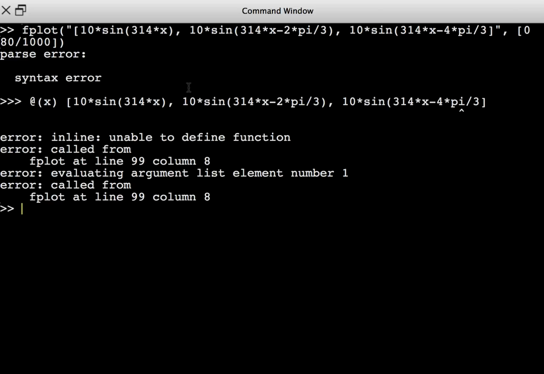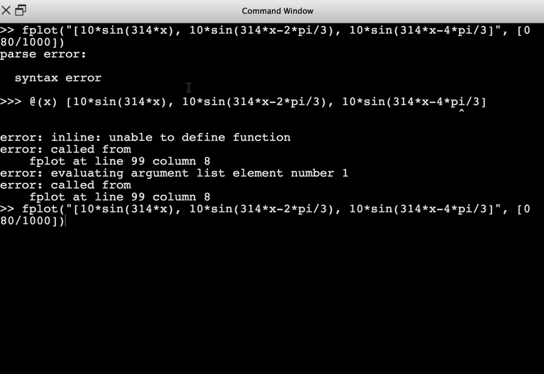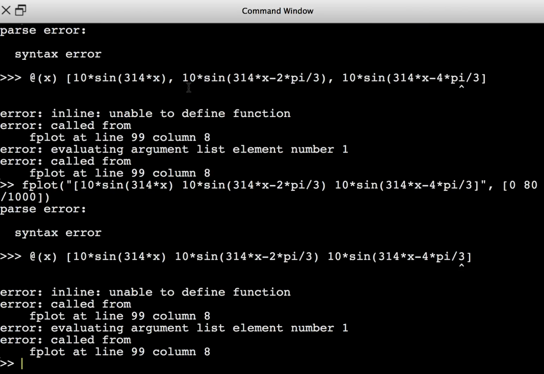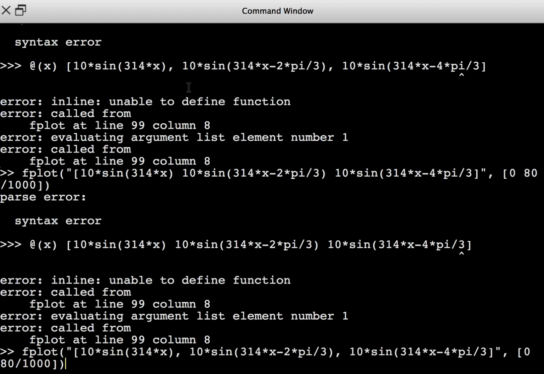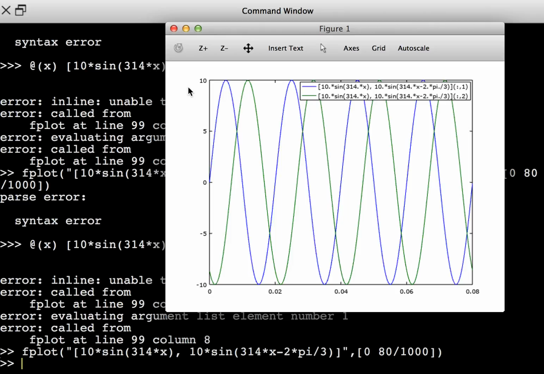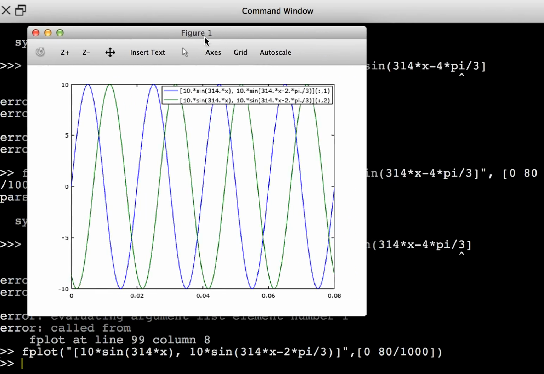I think somewhere I made a mistake. Oh, I think these commas are not required, so let me remove these commas. Let me check with my previous prompts what I did. Yeah, I think this will work. Here on your screen, you're able to see the plots.